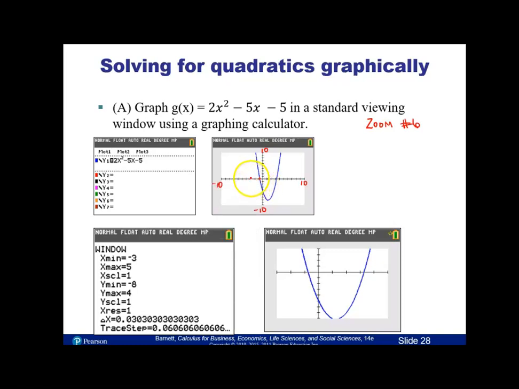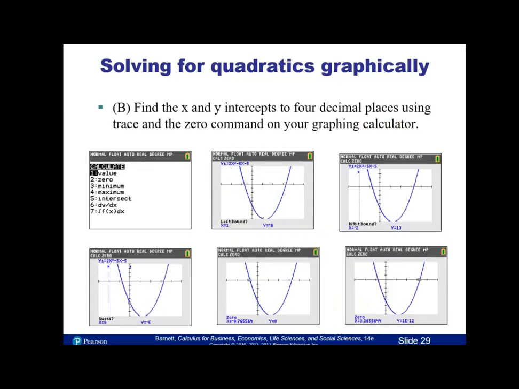So I just put in -3, and then the x maximum, I just went over to 5. Okay, so it's going to show me this part here. And then for the y minimum, I went down to -8 just so I can see basically the bottom down here. And then the top didn't really matter because we weren't really interested in that part. But that gives me a window that's focused a little bit more on the characteristics that I'm needing to find.